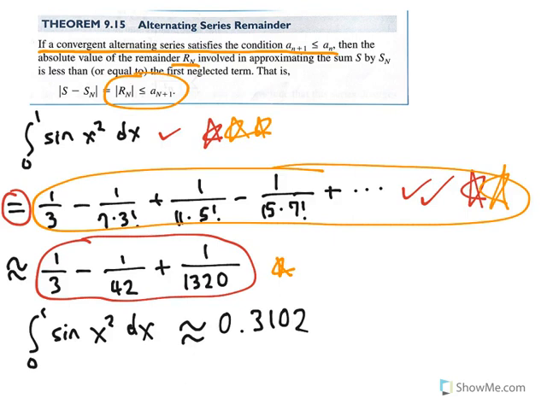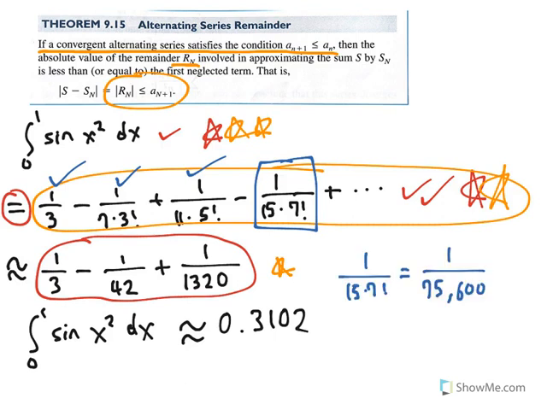And what is the first neglected term? Well, we added these three, so the first neglected term would be this one here. And what is the value of 1 divided by 15 times 7 factorial? So the first neglected term is 1 divided by 15 times 7 factorial, or 1 divided by 75,600.